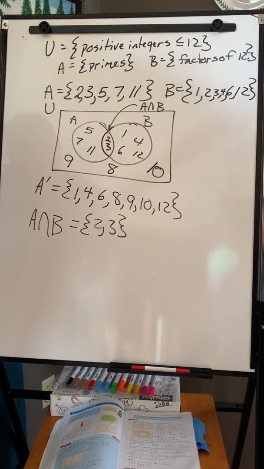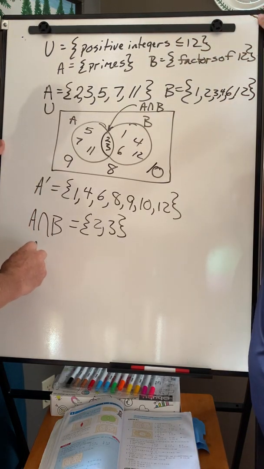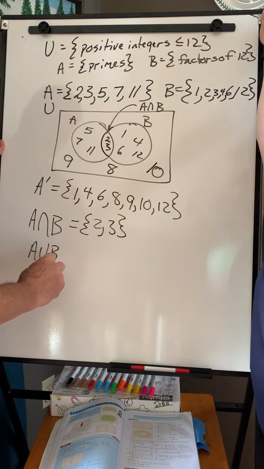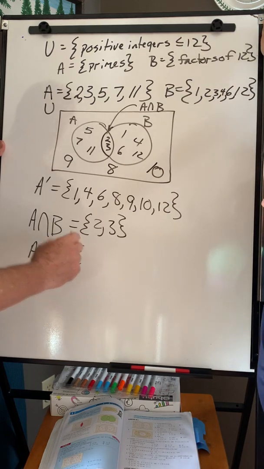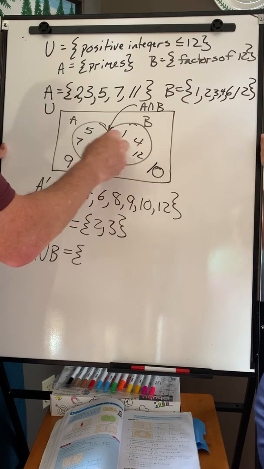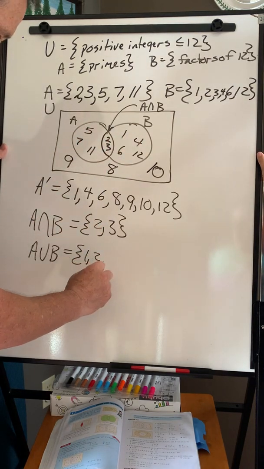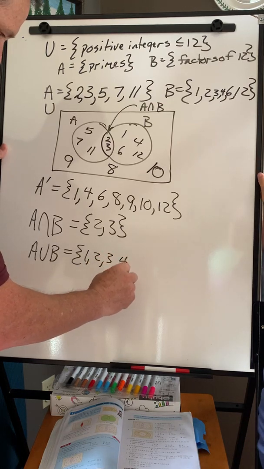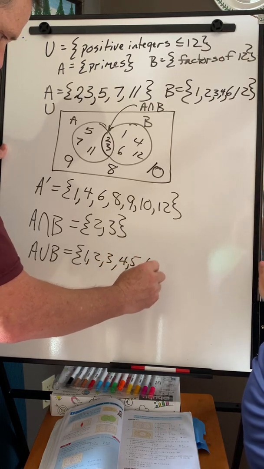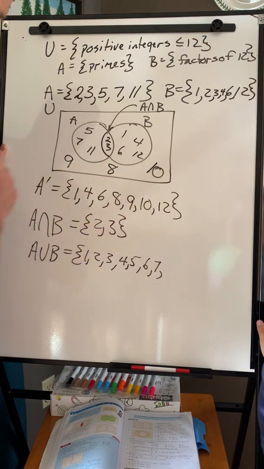Then we want to know A union B. Well, that's all the elements in both of those sets combined. So we've got 1, 2, 3, 4, 5, 6, 7. 8, 9, 10 are not in there.